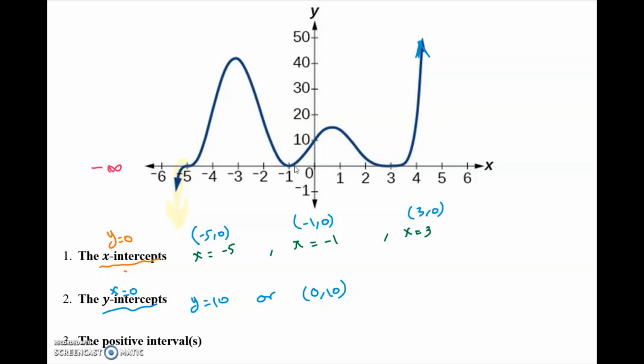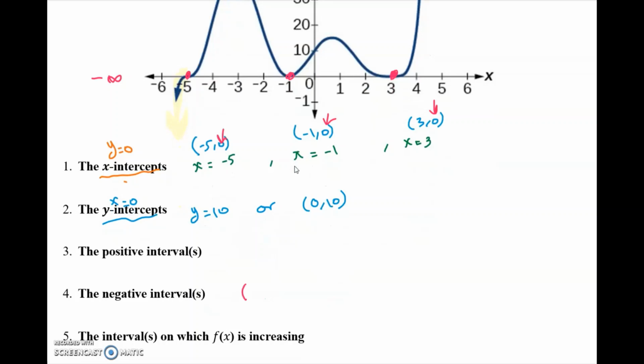Okay? What about at -5? Well, at the points -5, -1 and 3, y was 0. So it's not positive, it's not negative. 0 is a neutral number. So I can say negative, as an interval, okay? We are looking at intervals here. From negative infinity all the way to -5.